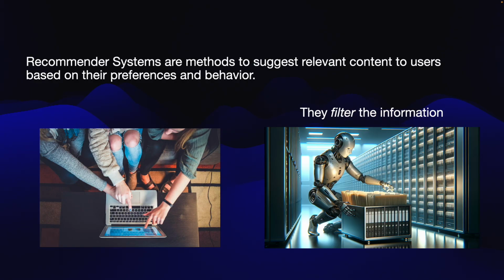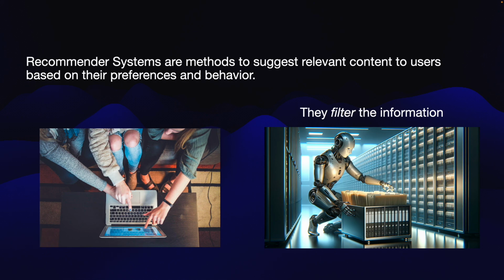To actually look through this data, this information, and find what you need, you need a tool, right? It's very hard to just sift through it by yourself. That's why we have systems like recommender systems, which are used to suggest relevant information, relevant content, so that when we need it, we can find it.